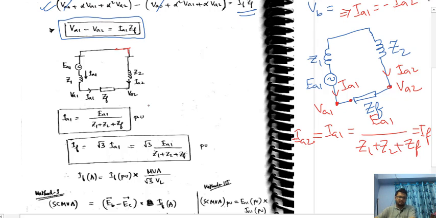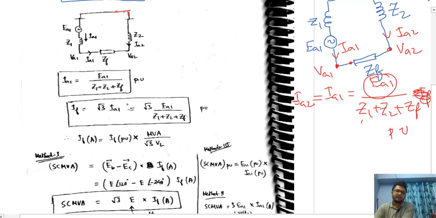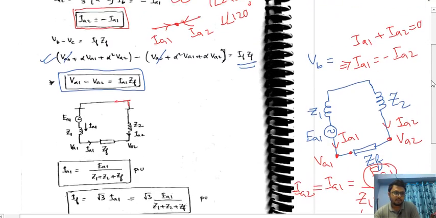Now see, we are dealing with three phase, so this is in per unit. Everything we have calculated in per unit, PU, because this we have considered as PU, this also PU, this also PU, and this also PU. Now IF equal to root 3 times IA1. We have got this now.